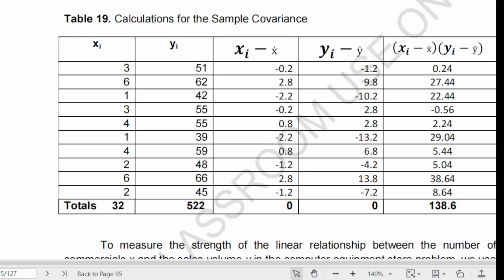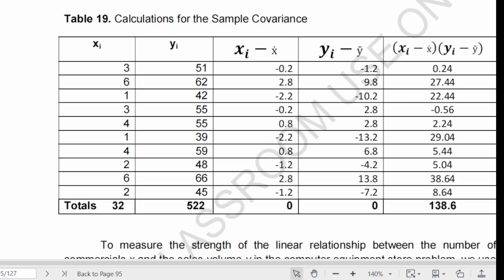Negative 1.2 times negative 4.2 is 5.04. 2.8 times 13.8 is 38.64. Negative 1.2 times negative 7.2 is 8.64. Then you add all of these: 0.24 plus 27.44 plus 22.4 and so on, which results in 138.6.